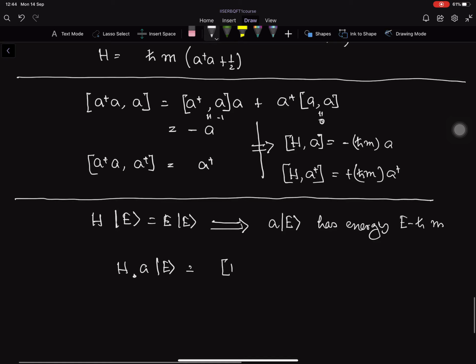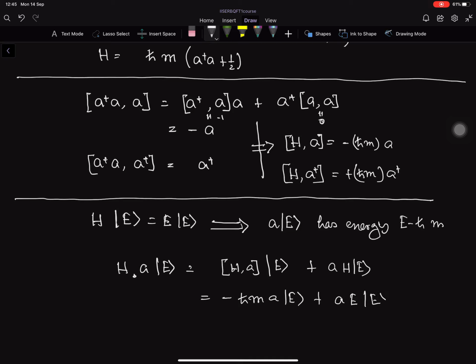This is simply [H, A] acting on E plus A H acting on E. And then we get minus h bar omega A E plus A E E, so E minus h bar omega.